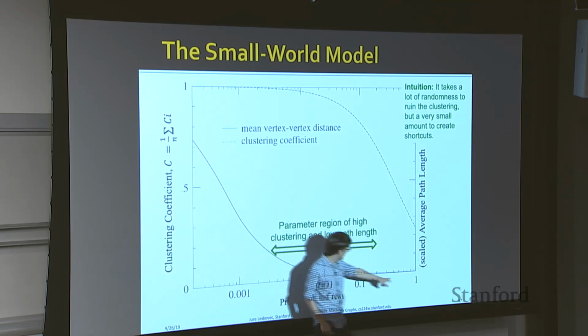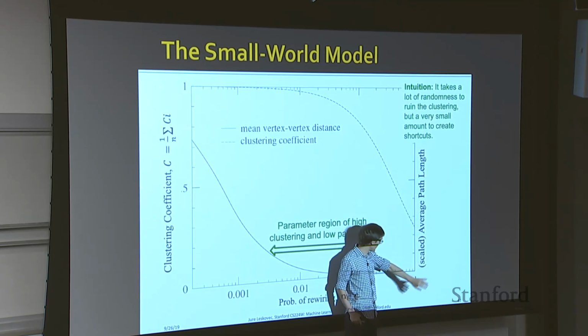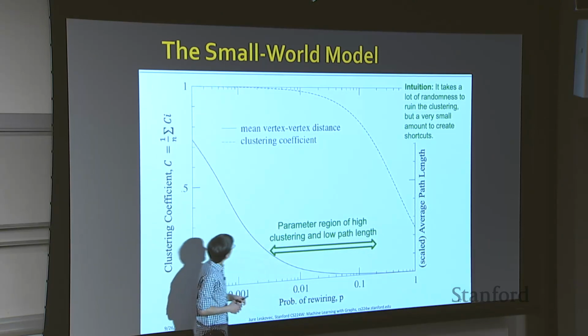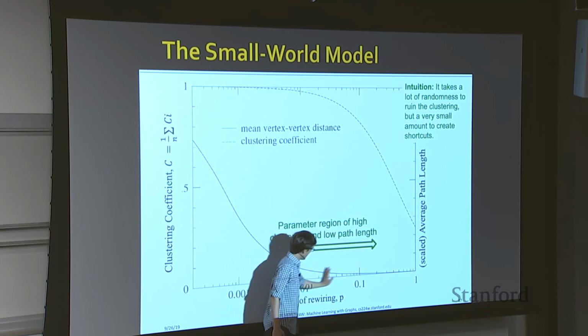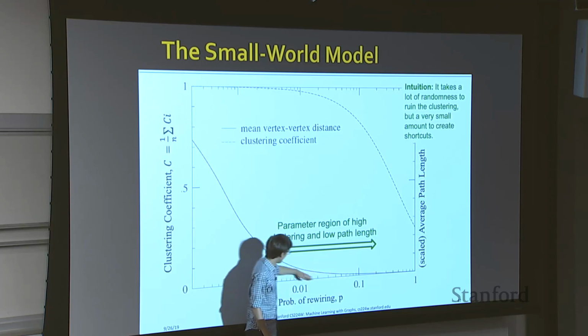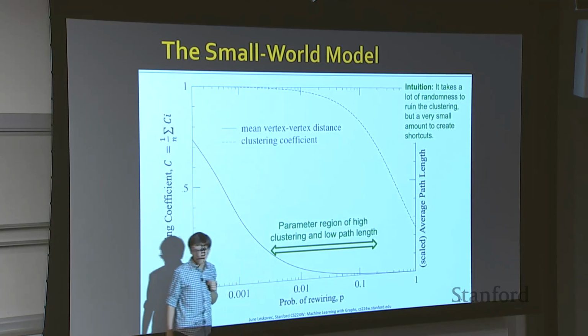When p is very large, we have low clustering and low diameter, right? This is a random graph. This is our circular lattice graph. But notice that in some parameter region here, we have both of them at the same time, right? We have low diameter, but the clustering still remains high, right?